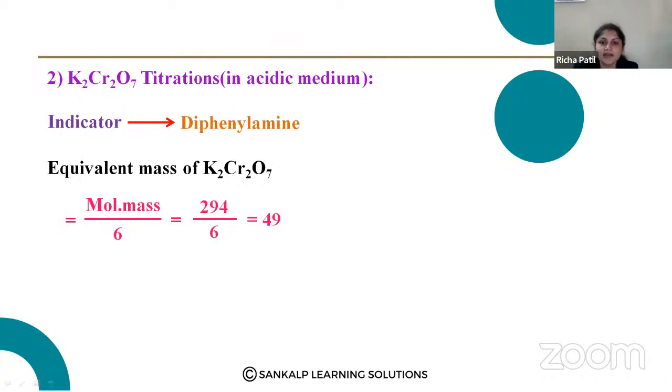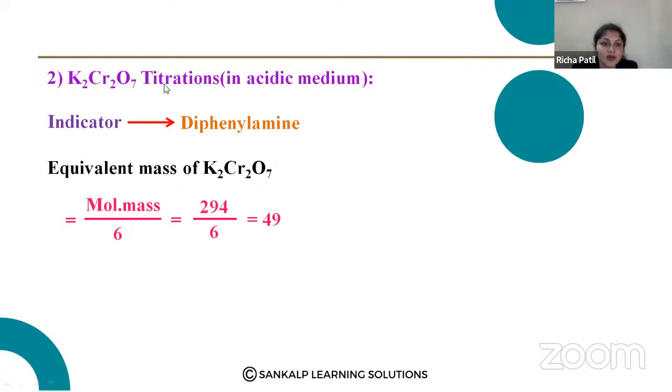So redox titrations are carried out to find out the concentration of an unknown solution. In redox titration, of the two solutions used, one will undergo oxidation and another will undergo reduction. What is the role of an oxidizing agent? It oxidizes others.